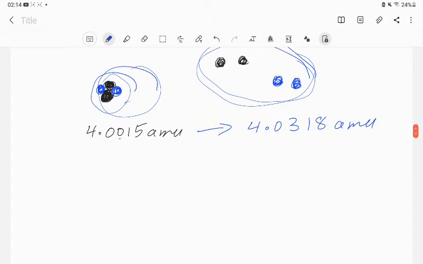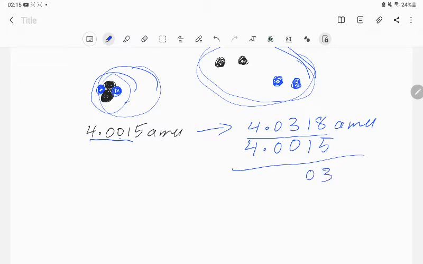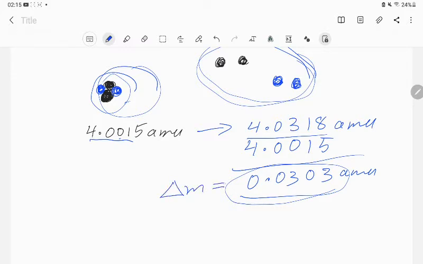If you subtract this one from this one, you will get how much mass is lost. This amount of mass is lost, so that is called mass defect.